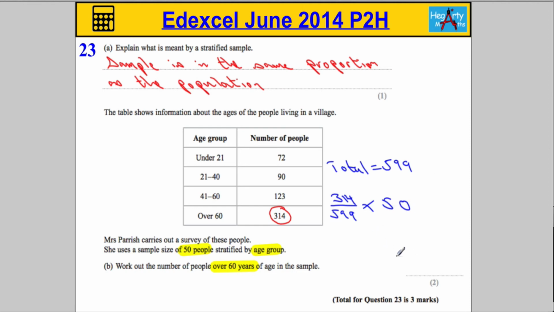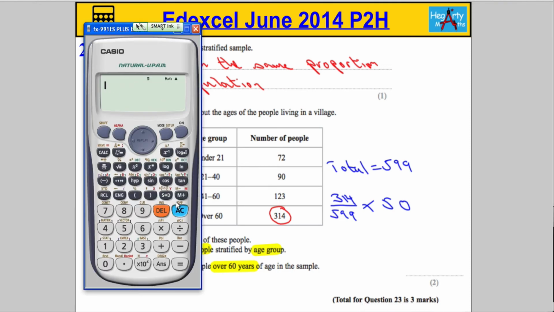Now we are going to need the calculator here. So getting this out, we start with a fraction, 314 out of the total 599. I'm going to multiply that by 50 because that's my sample size. Now we get 26.2.